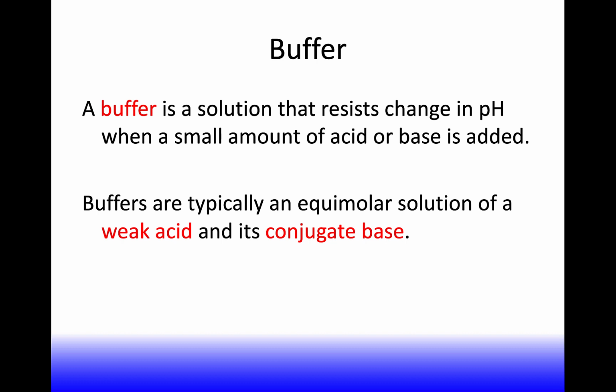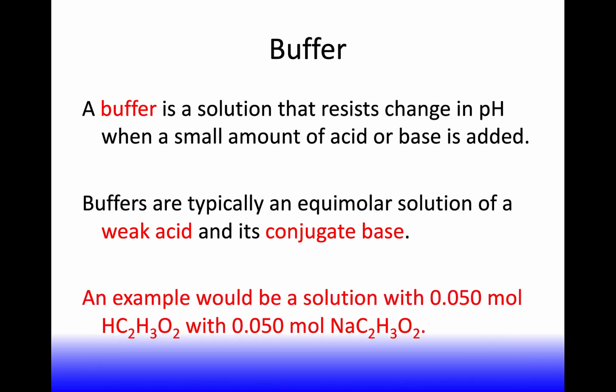All right. So buffers are typically an equimolar solution of a weak acid and its conjugate base. An example would be 0.05 moles of acetic acid mixed with 0.05 moles of sodium acetate. If you put them in a liter, that would be a 0.05 molar solution of each. Acetic acid is a weak acid, sodium acetate is its conjugate base.